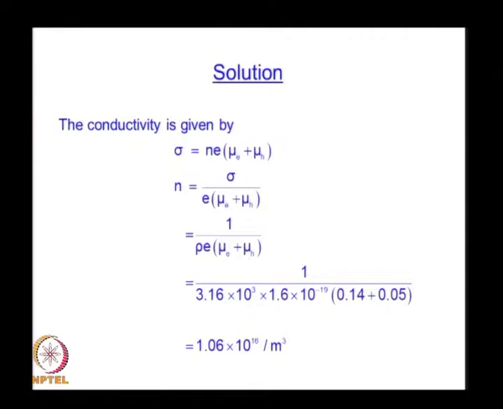Therefore, this is just (N_e mu_e plus N_h mu_h) e times mod E, and that is the general expression for J, and therefore, sigma.